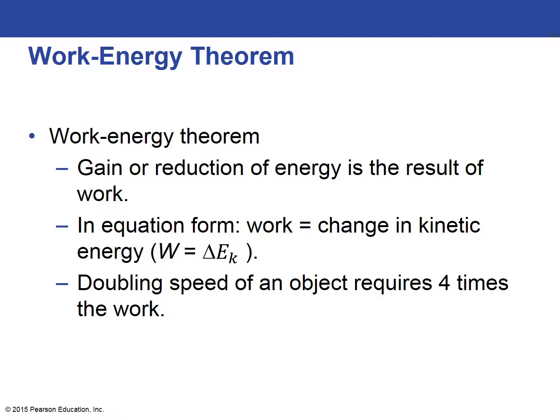And that's just a result of the fact that work is equal to 1/2 mv squared. So if I want to double the speed, then I have to quadruple the work imparted to the object.